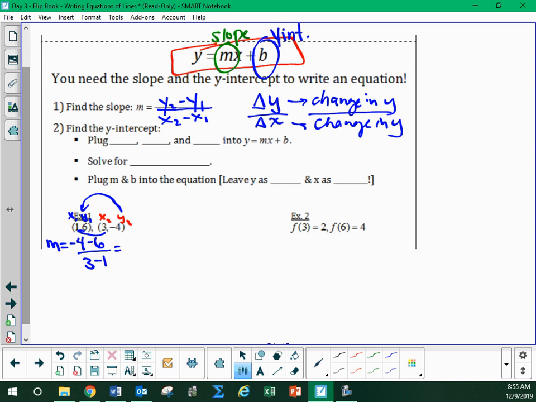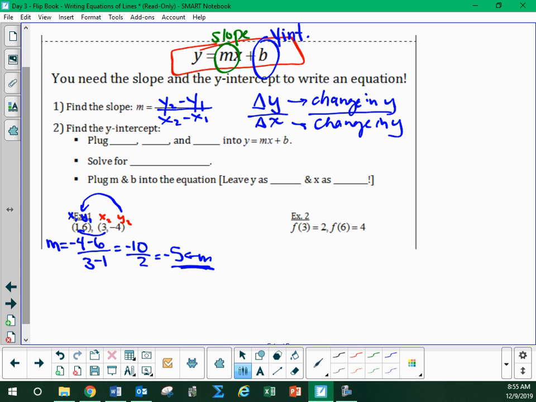And we just simplify. You can use your calculator to help you out. So we get negative 10 over 2, which is negative 5. Alright, so I know that my slope is negative 5. Awesome. So that's our first step.